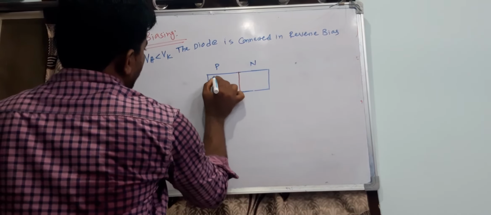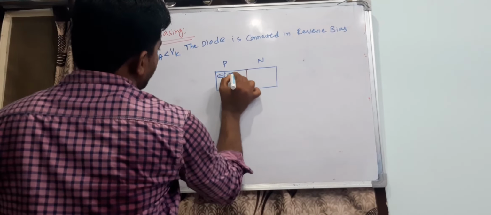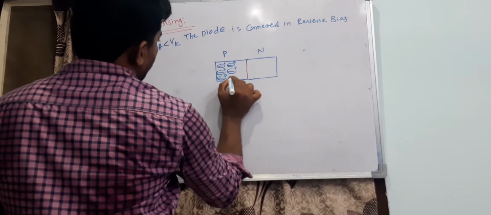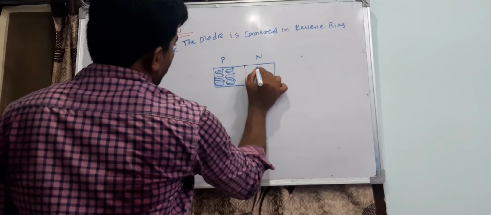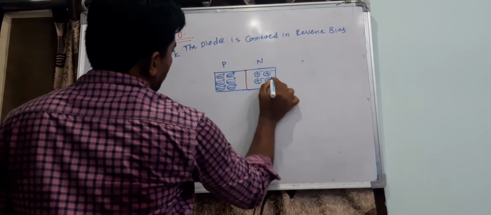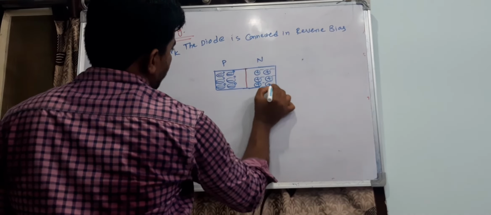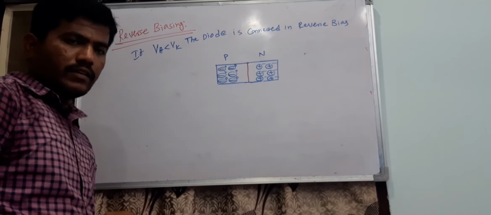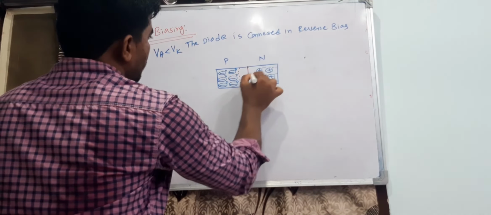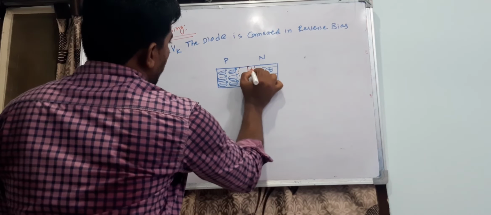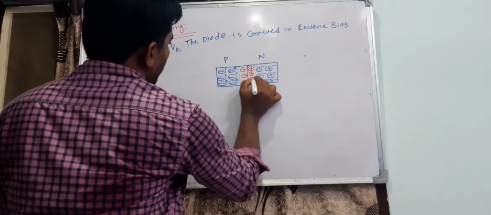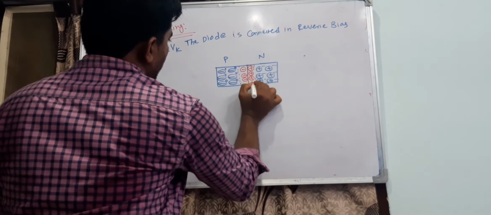We have already seen that this is a negative ion and hole, and this is a positive ion and electron. Now some depletion region is there, with positive ions and negative ions.